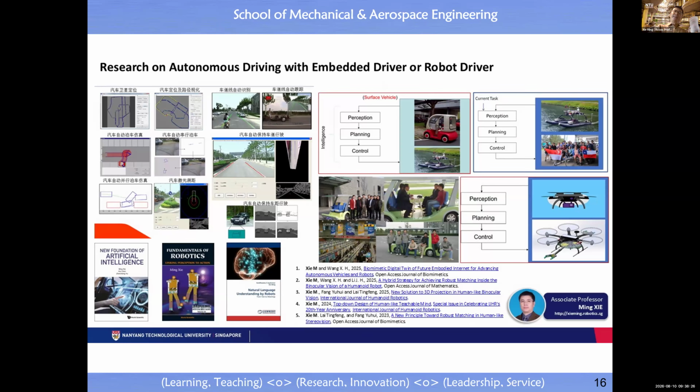NTU has a team which participates in this Robot X challenge. I serve as a technical advisor to the NTU team. If you are keen on this platform, you can join NTU's RoboX team.